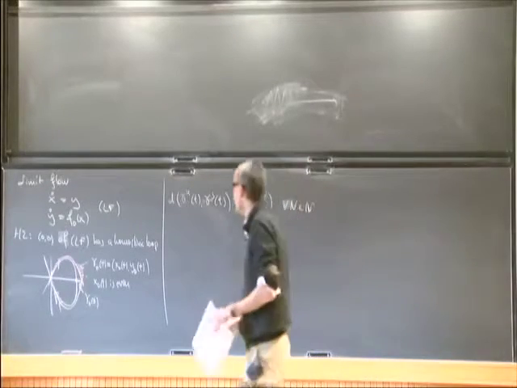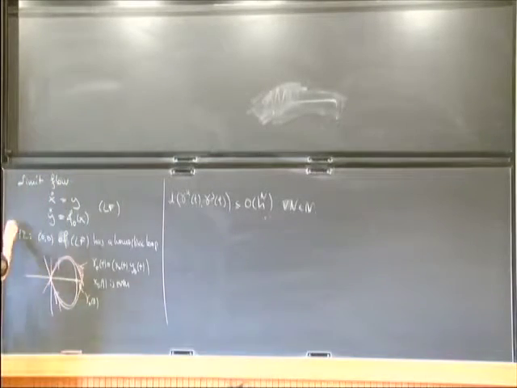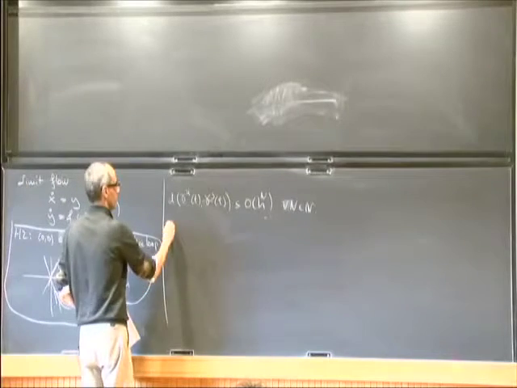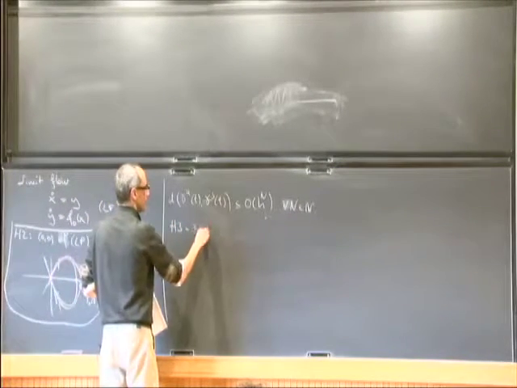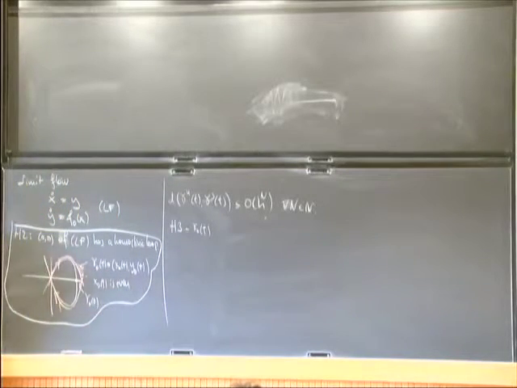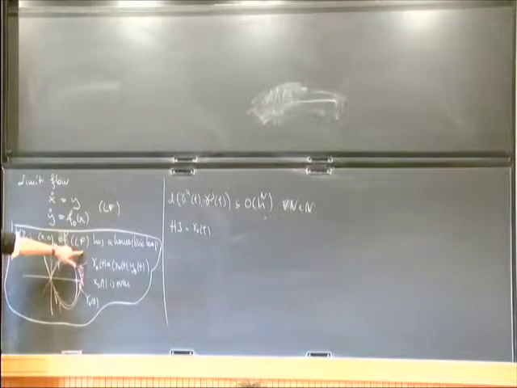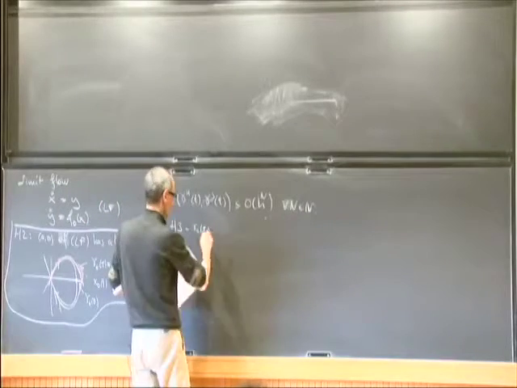And now, another hypothesis. I have H1, H2, and H3. I assume that, and this needs the map to be analytic, that this homoclinic loop is indeed analytic in some band.